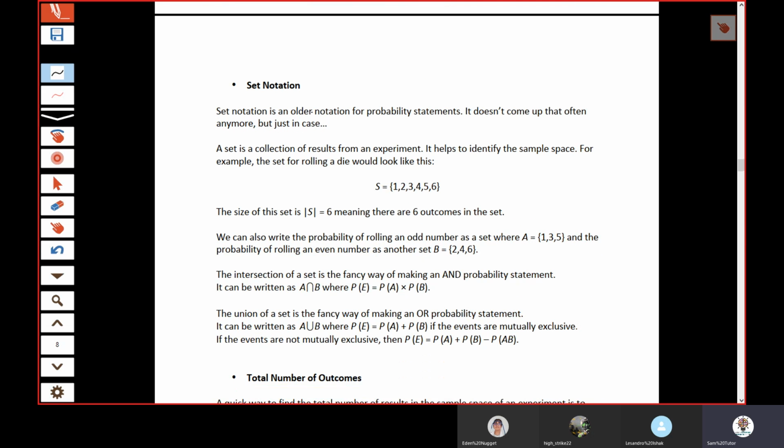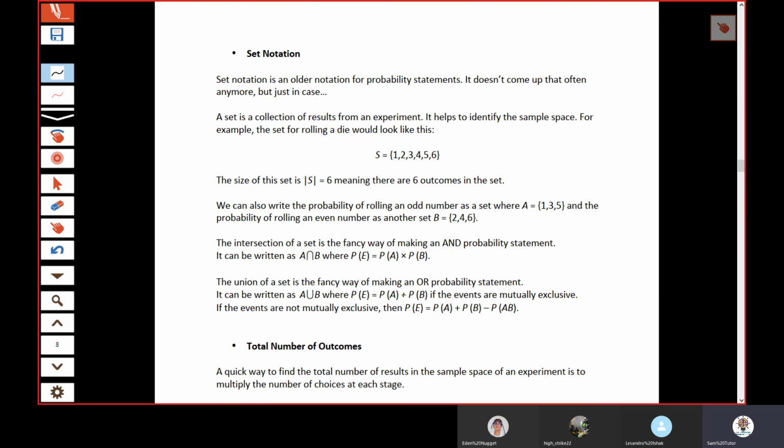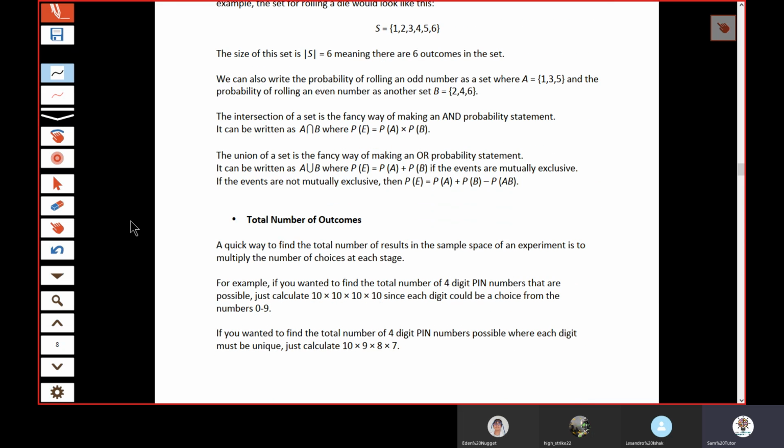Set notation. Set notation is an older notation for probability statements. It doesn't come up that often anymore, but just in case. The intersection of a set is the fancy way of making an and probability statement. So if I was to say the probability of an A intersection with a B, you might have seen this in your functions topic.